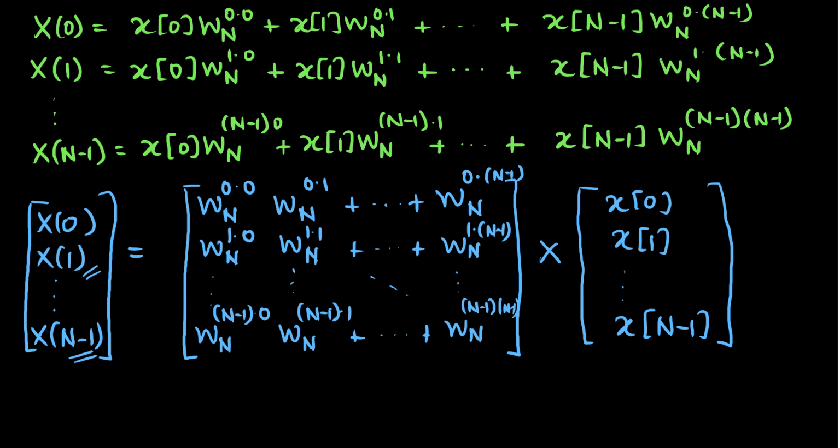So this vector, that is the X vector for X of k, can be obtained by multiplying this matrix with the vector for x of n. So now what we can do is represent this vector by X, represent this matrix by say Wn, and represent this vector here by small x.